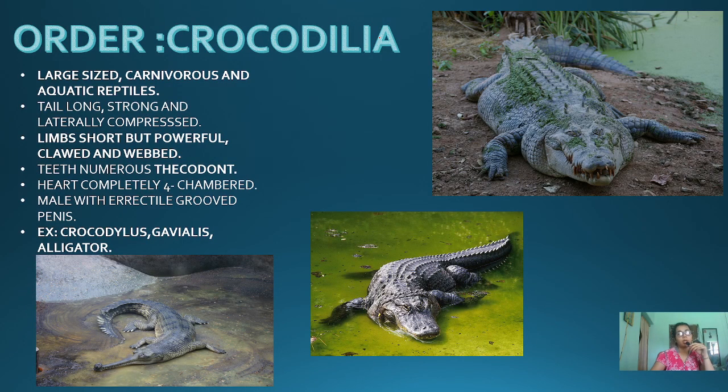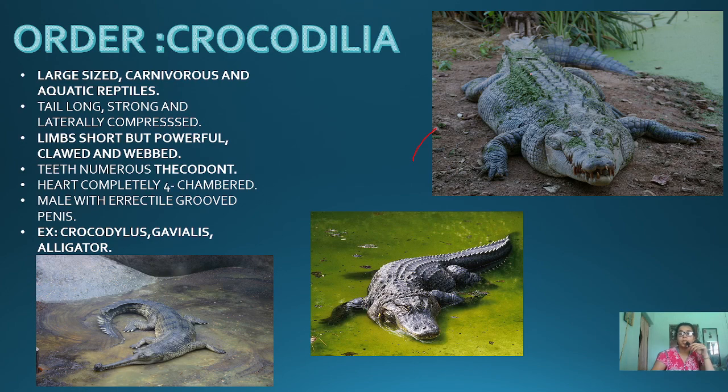Moving to the Crocodilia, all this belongs to three, that is the Crocodiles, the Alligators and the Gavials. What are the differences between these three we will be discussing. First of all, let's see the characteristics of the Crocodilia. Crocodilia are a large class. They are huge in size and the body is also heavy.